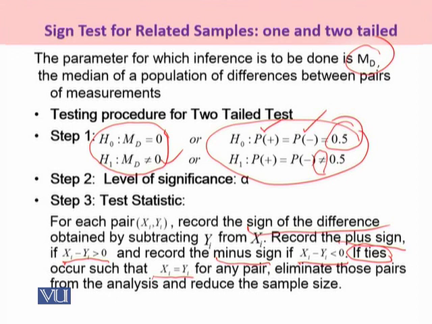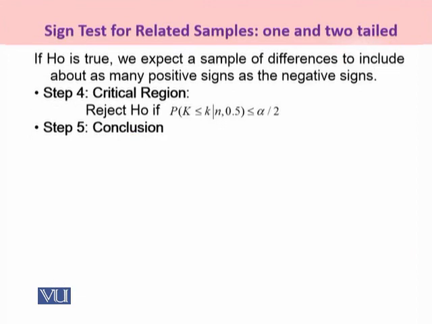So we reduce the sample size by the number of pairs where both measurements xi and yi are identical. If H naught is true, we expect a sample of differences to include about as many positive signs as negative signs, that is, they are in equal proportion.